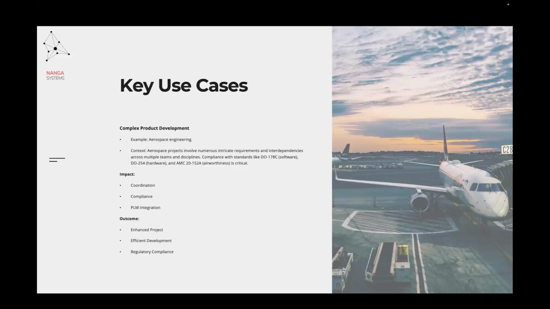Compliance applies to the adherence to the above-mentioned standards to ensure that both software and hardware meet the rigorous safety and airworthiness standards. And the product lifecycle integration, where the integration of requirements management with product lifecycle management tool processes, and in both cases, the tool integration ensures a holistic approach to manage product development from conception to deployment.